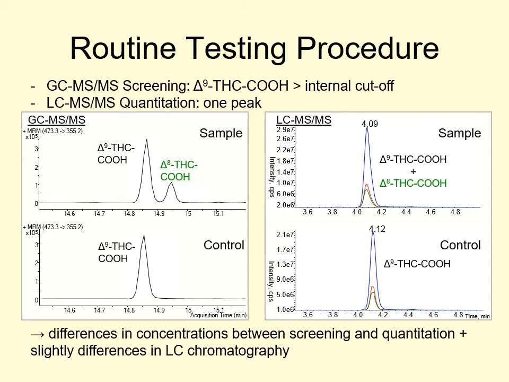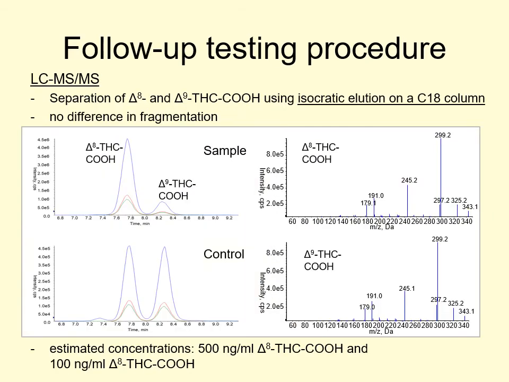Because of relevant differences in the concentration of delta-9 THC carboxylic acid between screening and quantitation, and slight differences in chromatography, which can be seen here, a follow-up testing procedure was performed. Therefore, an HPLC-MS analysis using an isocratic elution on a C18 column was performed. This analysis results in two peaks.